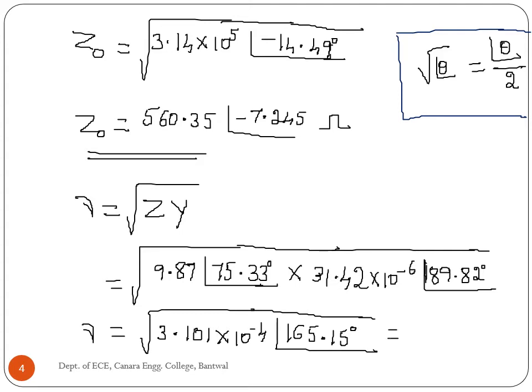Therefore, propagation constant is equal to square root of 3.101 into 10 to the power minus 4, which is 0.0176, angle square root of 165.15, which is 82.58 degree. This is the propagation constant.